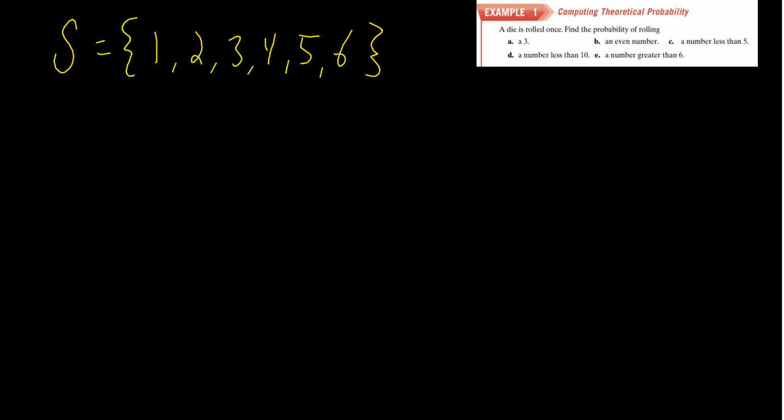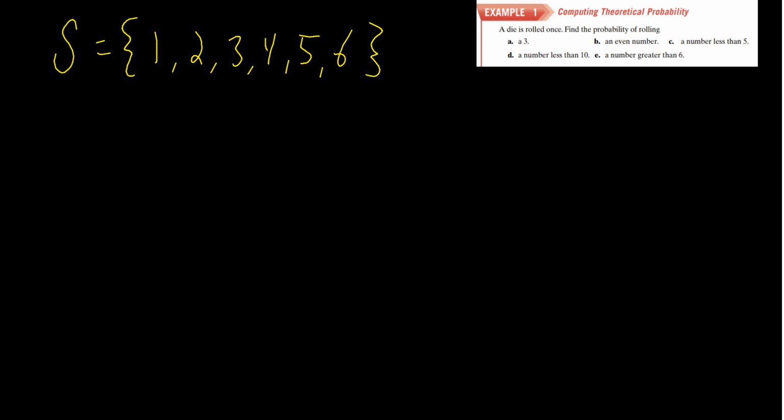So our sample space of our die is going to be equal to, okay, well, what are the possible outcomes of rolling a die? All right, well, the possible outcomes are 1, 2, 3, 4, 5, and 6. Those are the possible outcomes.